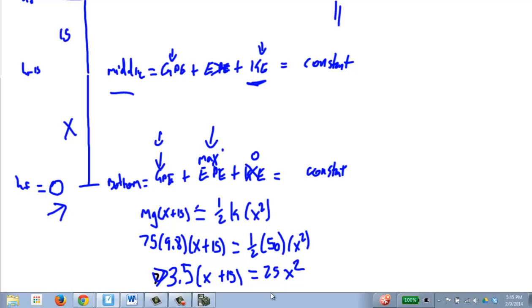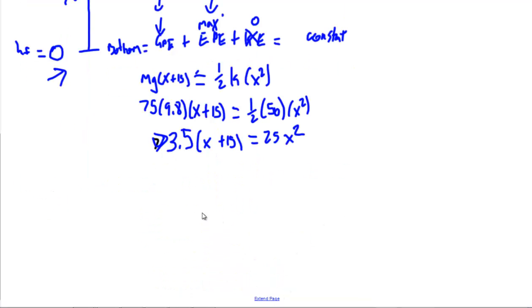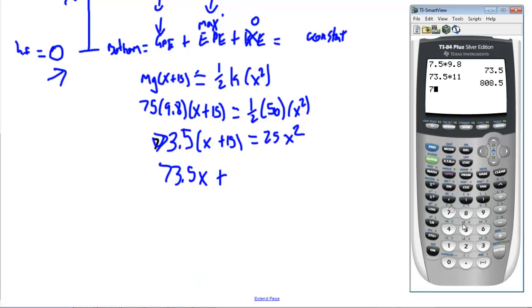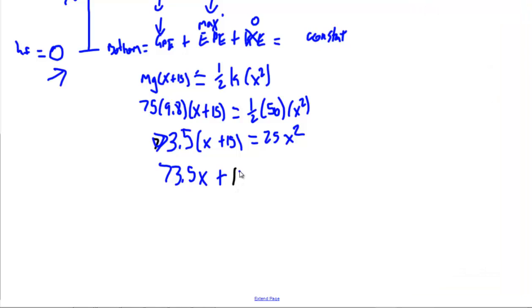And then we'll do a little bit more math here. 735x plus, if I distribute, 735 times 15 is 11,025, and that's equal to 25x squared.